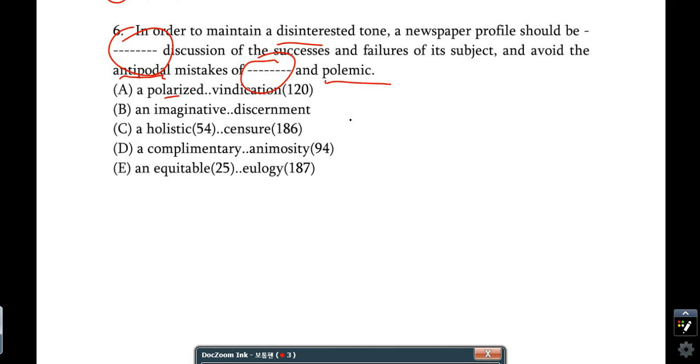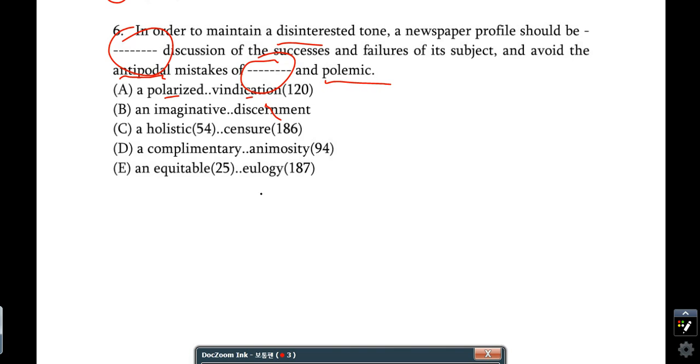So what would be the opposite of polemic? Vindication could be. Discernment is not the opposite of polemic. Discernment is figuring out what is right and what is wrong, which is what should be in the first blank. Censure is saying bad things about people or saying that they did something wrong.